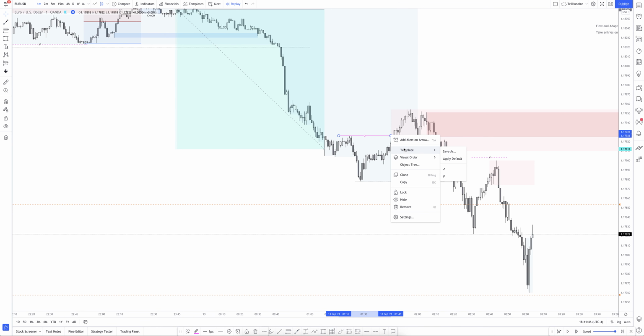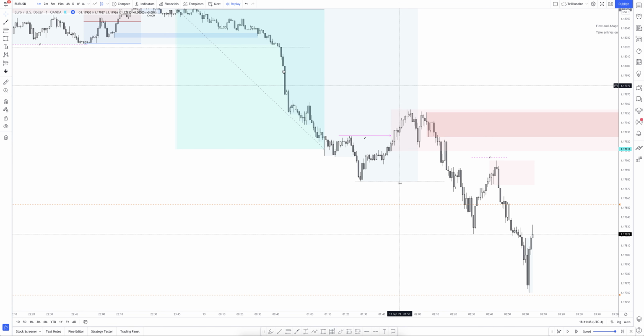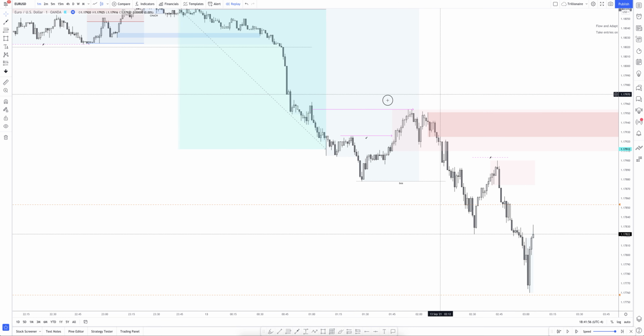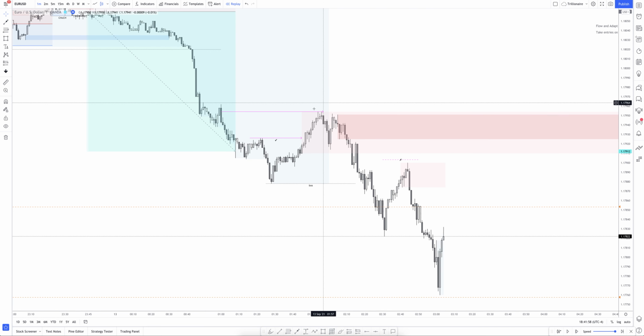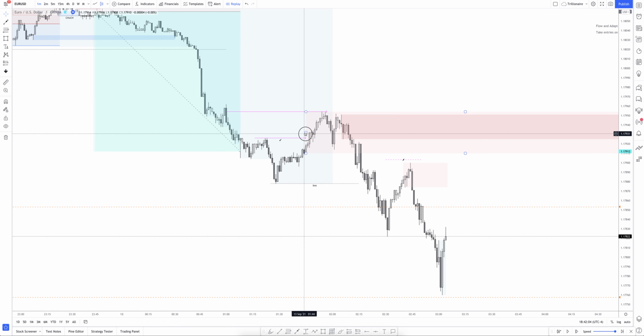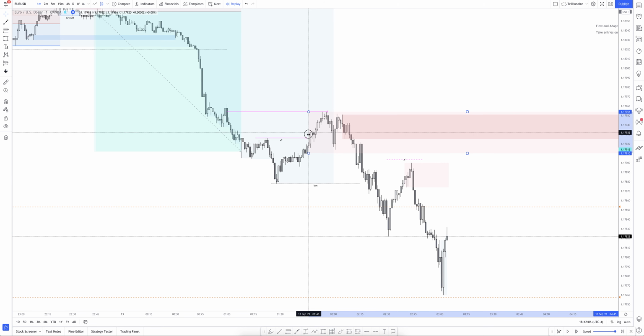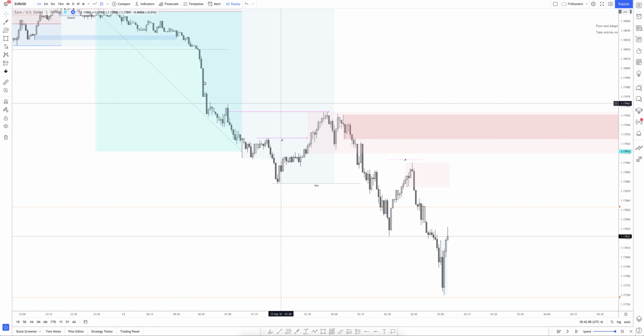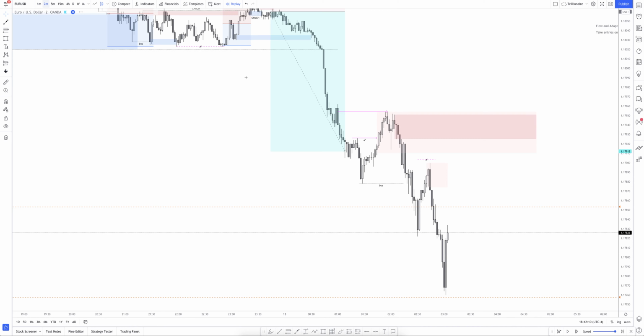We collect this liquidity here, and we also mitigate something here. So to me, this area here shows me that some type of institution pushed money in the market at this point in time. So that's what I would be paying attention to.